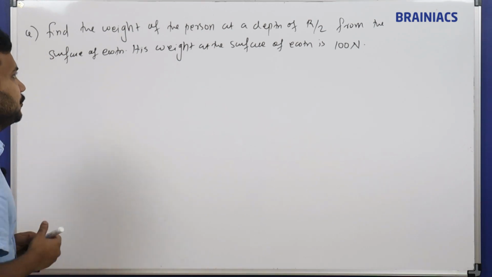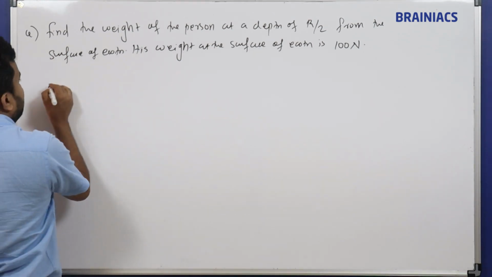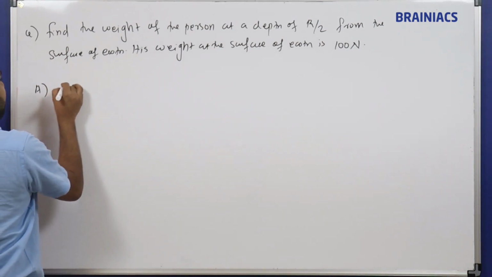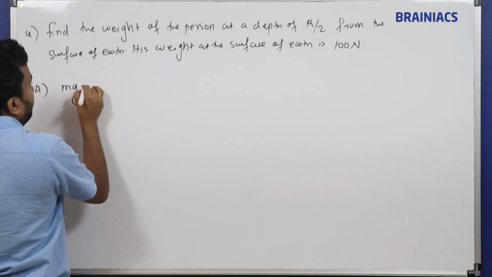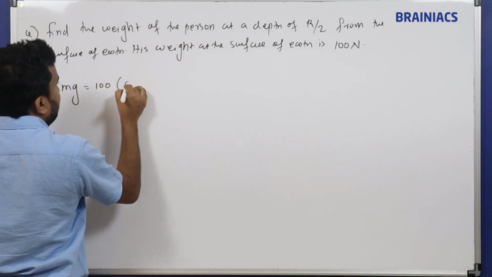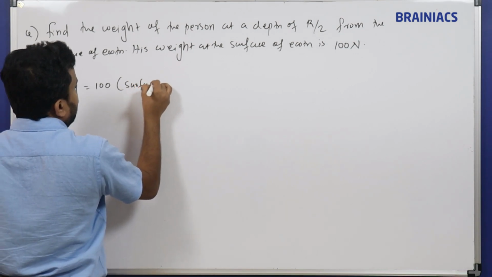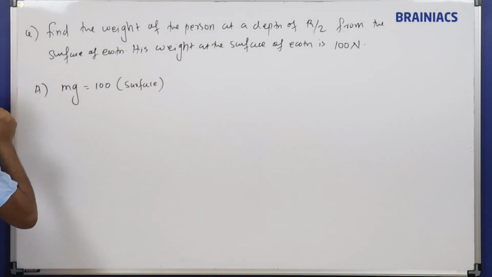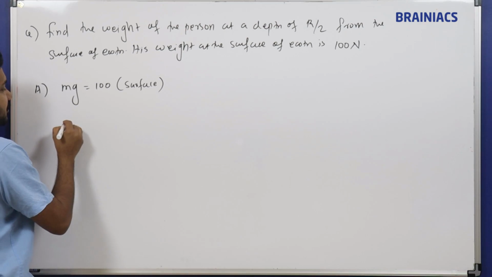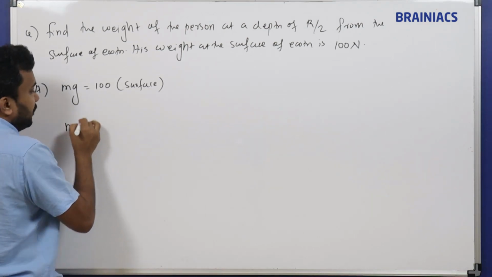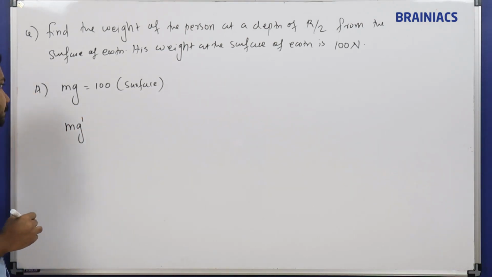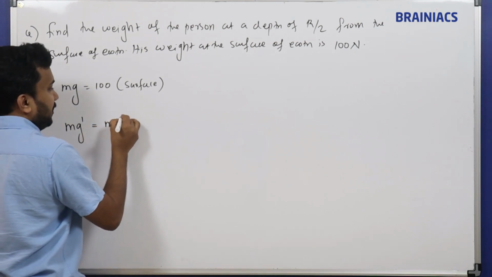His weight at the surface of earth is 100 Newton, which means based on the given data we write mg is equal to 100 Newton at surface. Next, we need to find the weight of the person, which is called mg dash, at a depth of d. What is g dash?